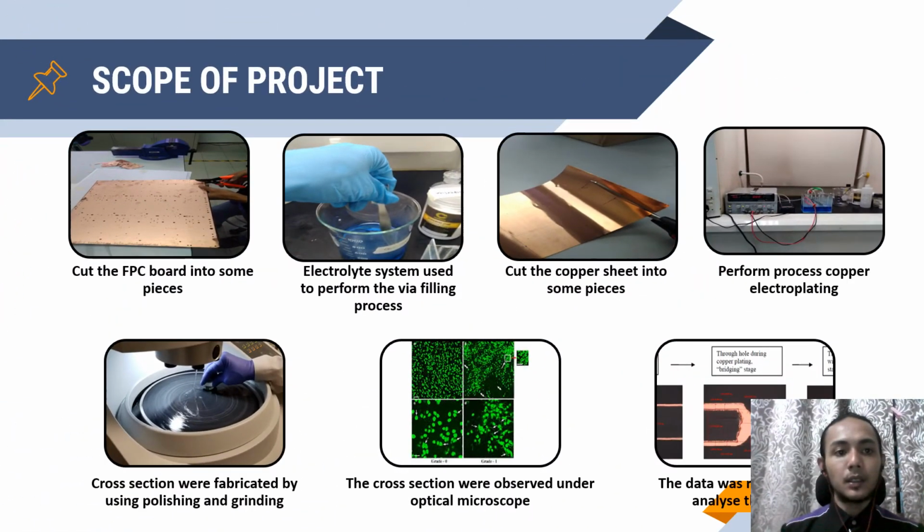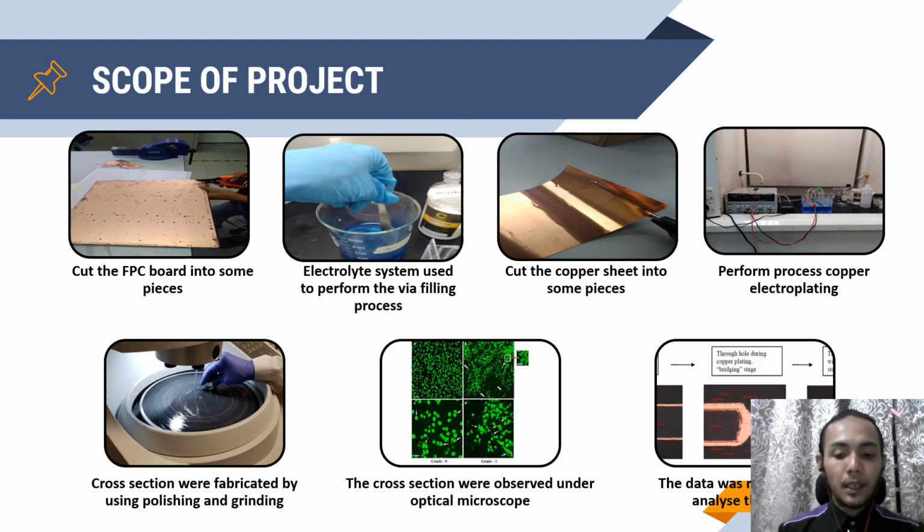Okay, this is the scope of the project. This study will focus on the measurement and analysis of the effect of current density and filling time on FPC microblind via filling formation. To develop the research, an experiment was performed by cutting the via of the FPC into some pieces.